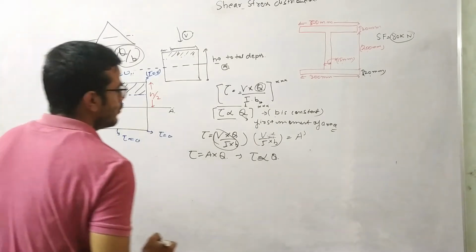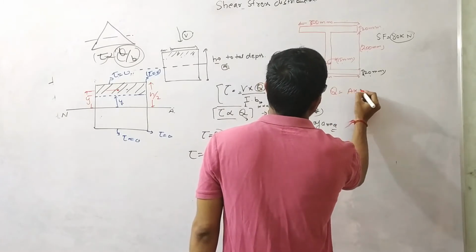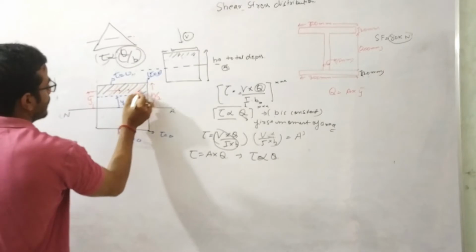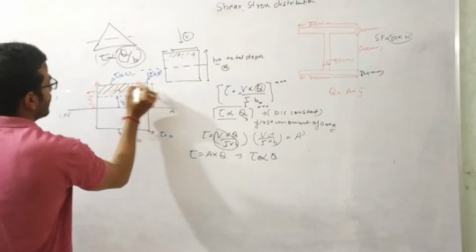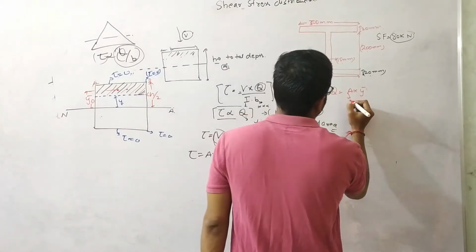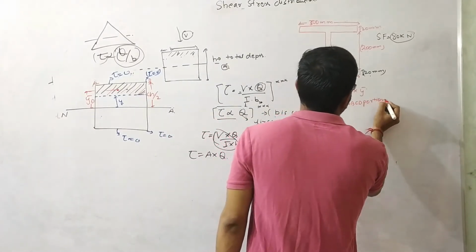So my Q will be Q equals A into y bar. What is A? Area of this ABCD portion.